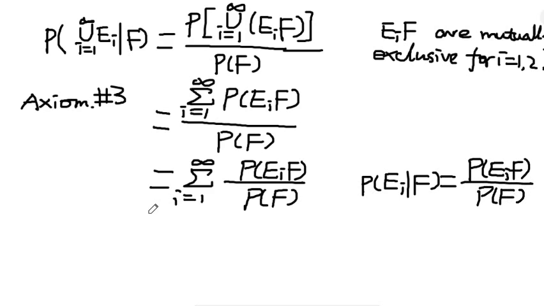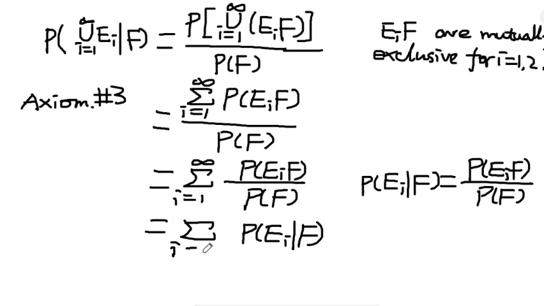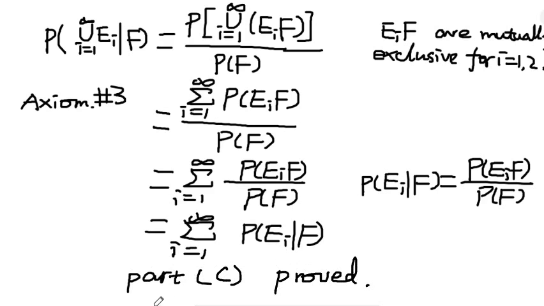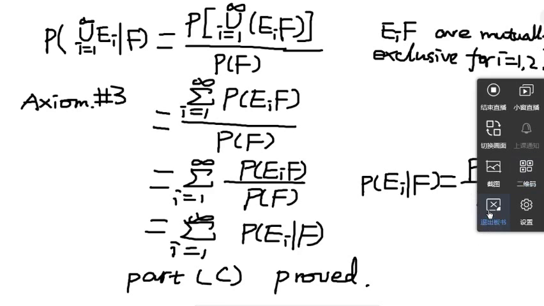So the fraction actually means the probability of Ei given the event F, in the sum. So that is what we proved, right? Part C proved. That is the sum of each conditional probability.